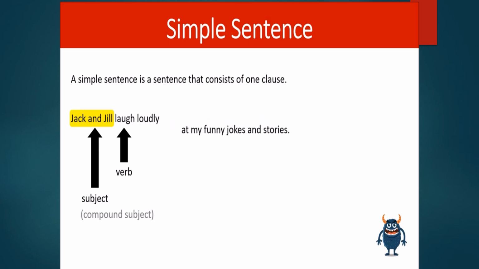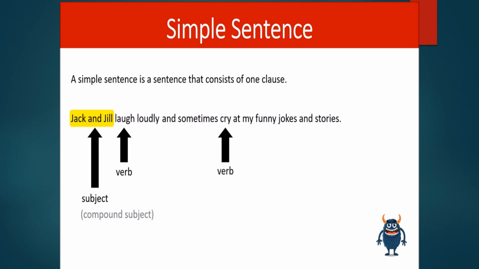Let's keep making it more difficult. Jack and Jill laugh loudly and sometimes cry at my funny jokes and stories. So there are two verbs now, but there's still only one subject, even though it's a compound subject. So we have one subject governing two verbs.